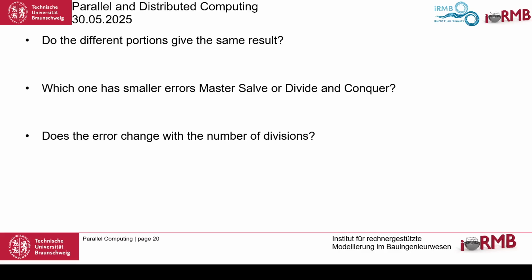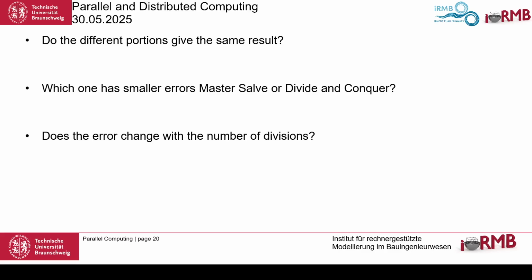Okay, so there are a few questions that you can investigate. Do the different versions give the same result? Different ways of doing things, the same result? Smaller errors: master-slave, divide and conquer. Would you think they have different errors? No?